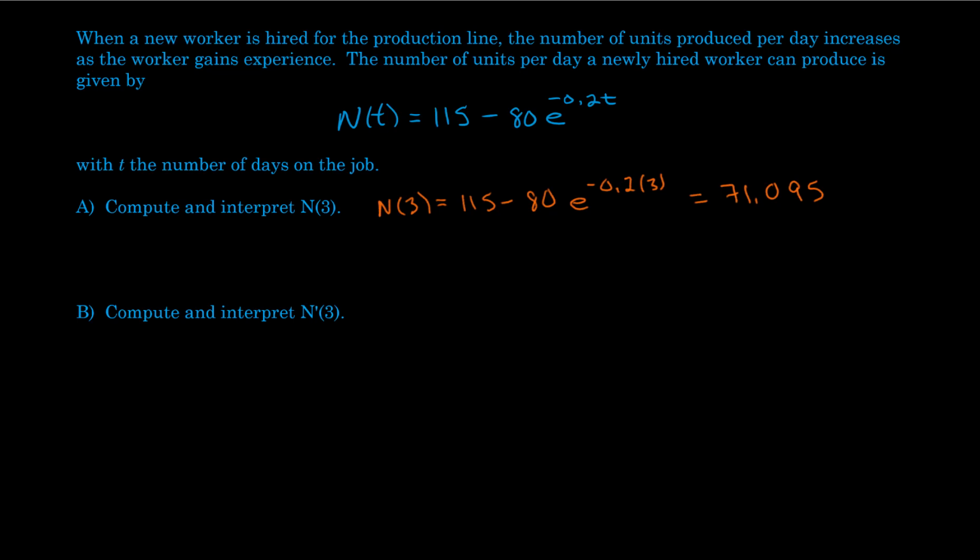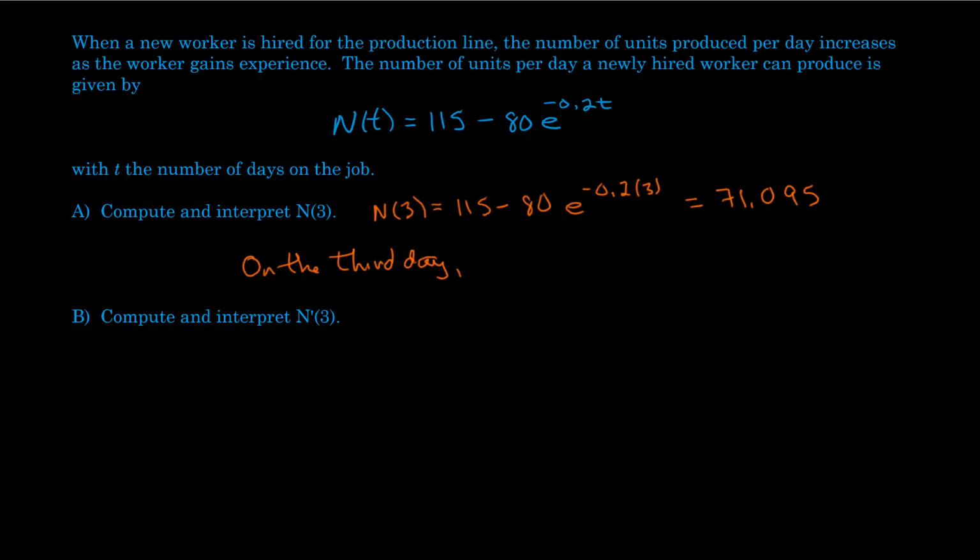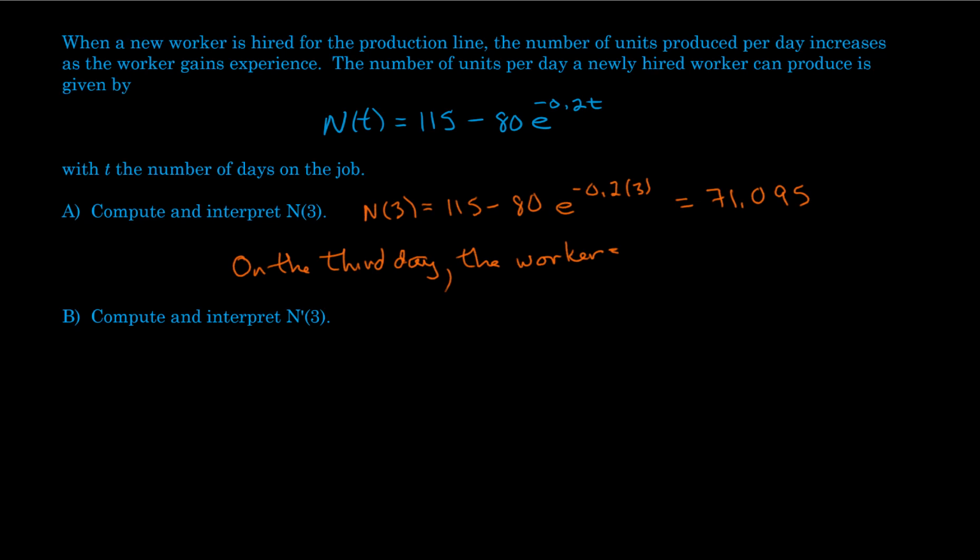So what this says is that on the third day, the worker should produce or make 71 units, whatever these things are.